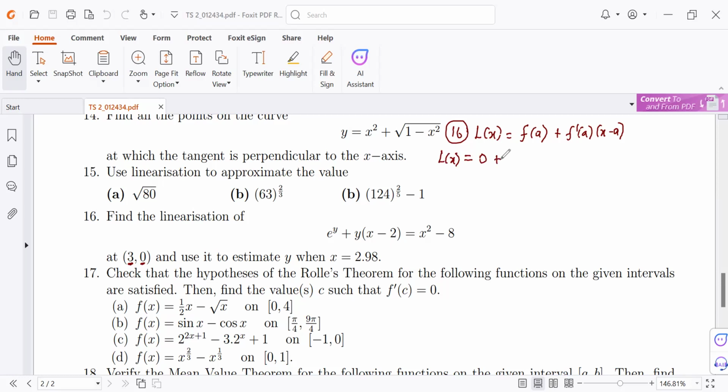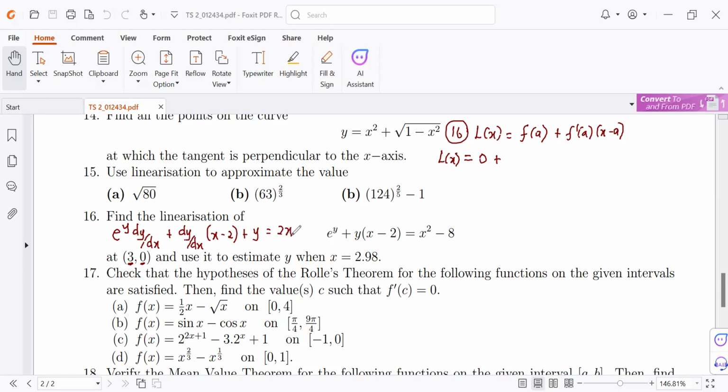So we differentiate using implicit differentiation. So we get e^y dy/dx plus dy/dx multiplied by (x minus 2) plus y equal to 2x.